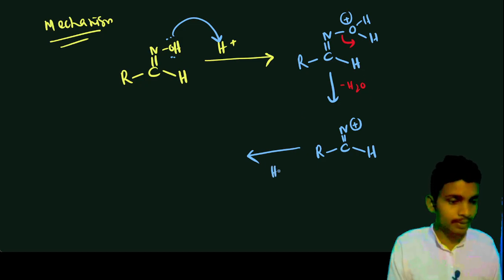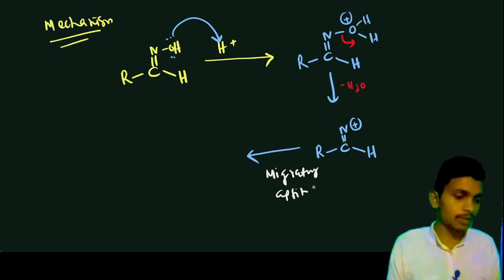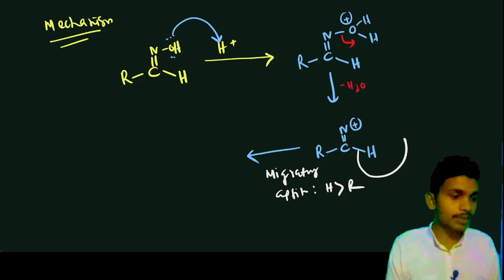So now what will happen is the rearrangement. That means here we will look at migratory aptitude, which group will shift. So which is the migratory aptitude? First is hydrogen, then R groups, meaning R will shift here.